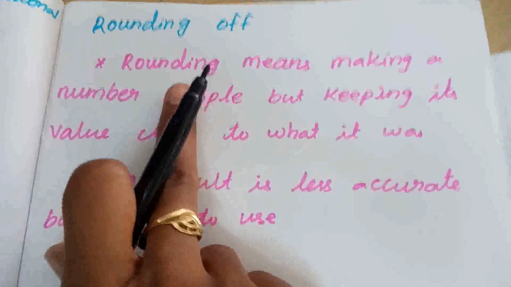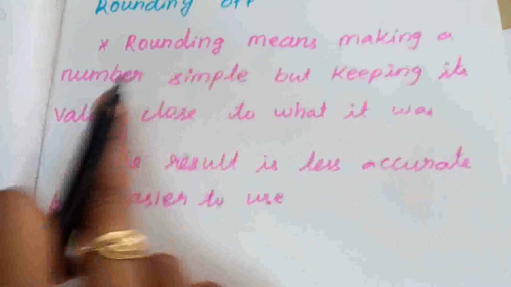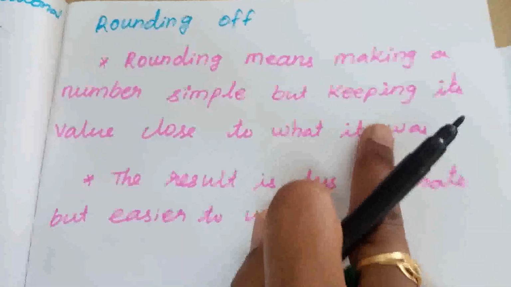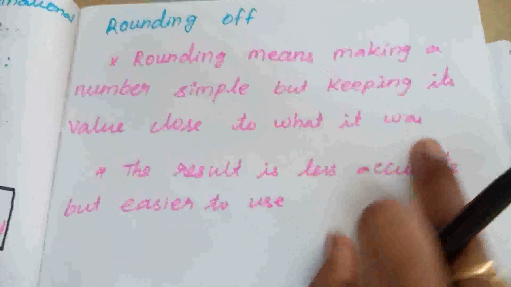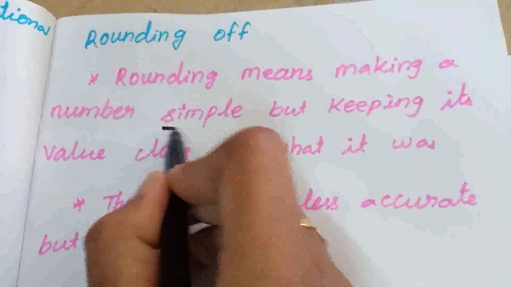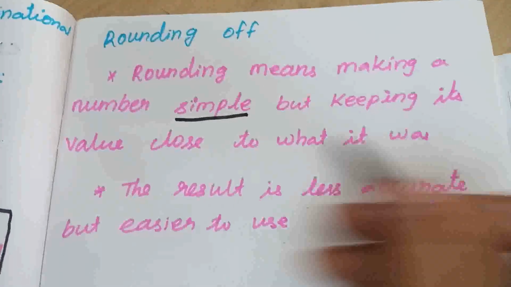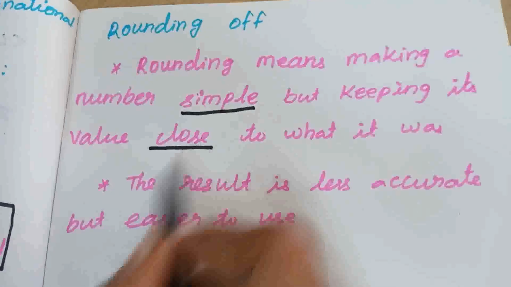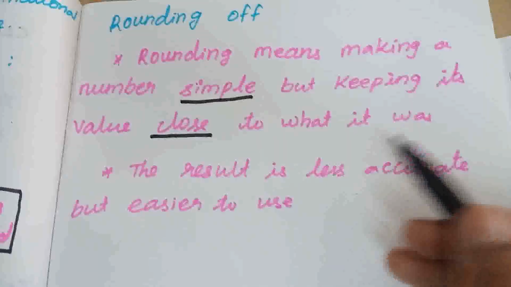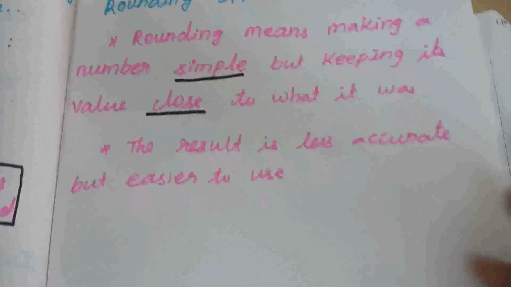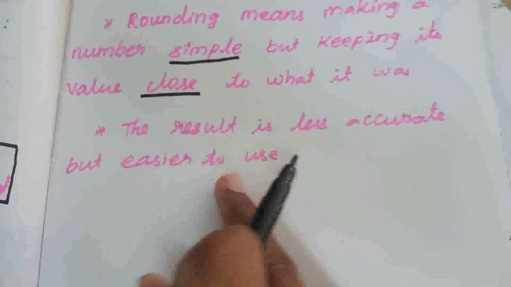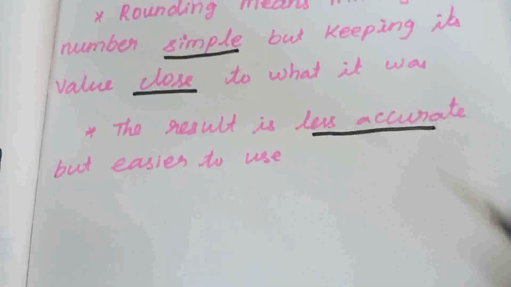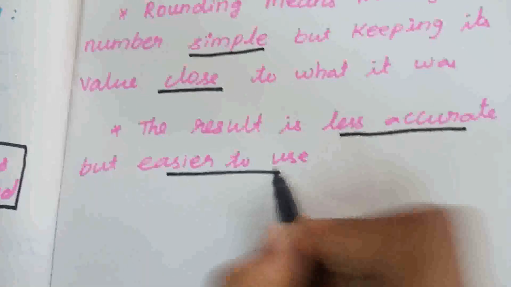Rounding means making a number simple but keeping its value close to what it was. The key points here: making it simple and keeping the value close to what it was. Next, the result is less accurate but easier to use.